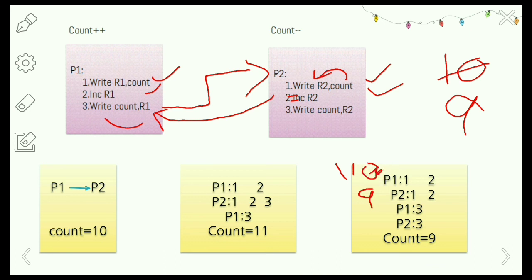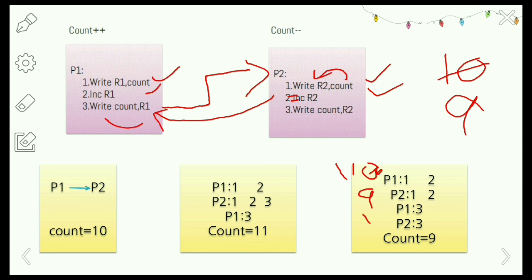Next, process P1 is going to copy the value where it was preempted. So R1 to the count, it is going to copy, and it is 11.